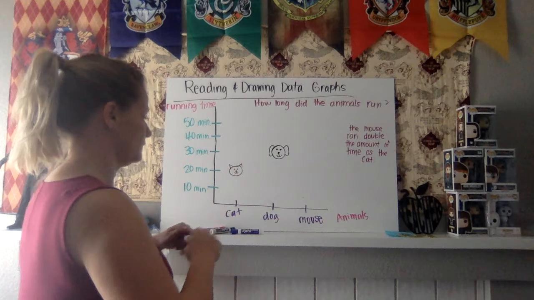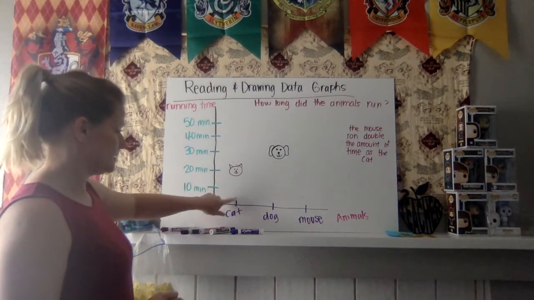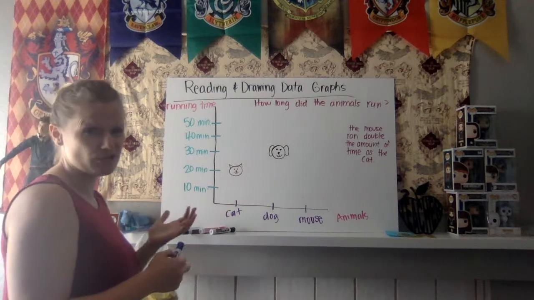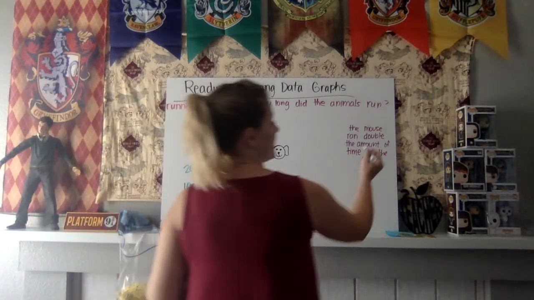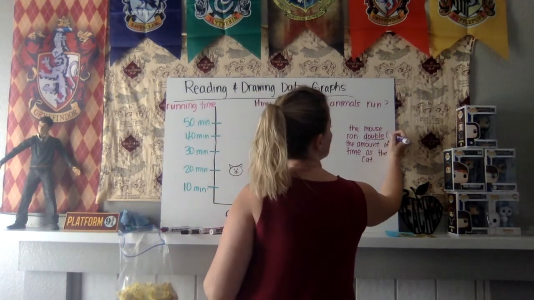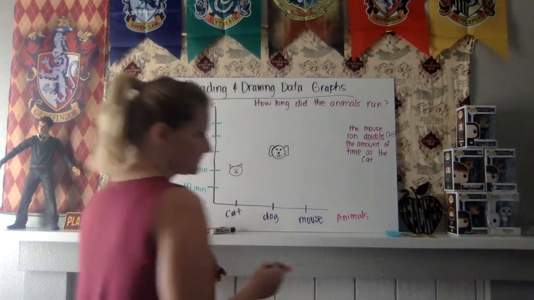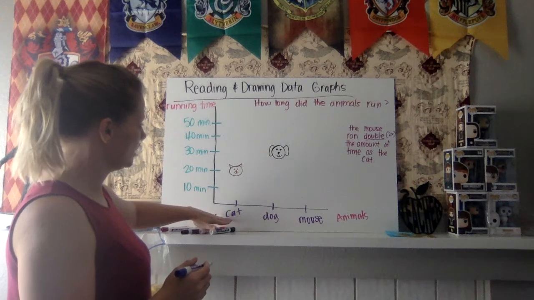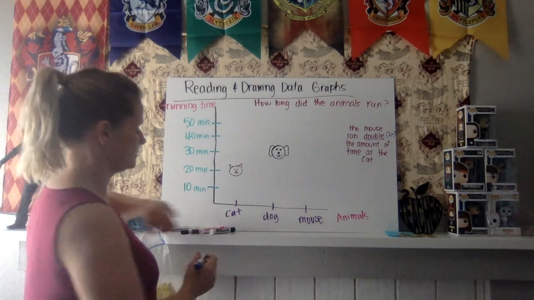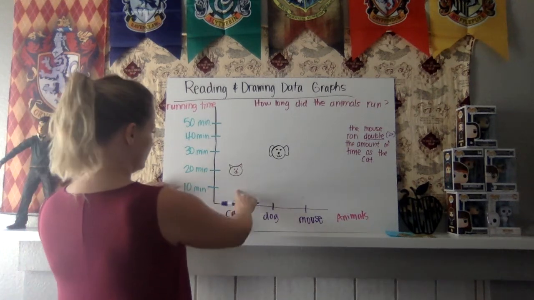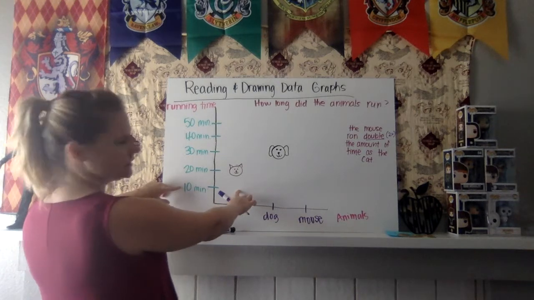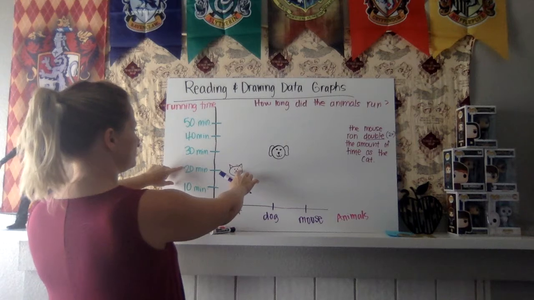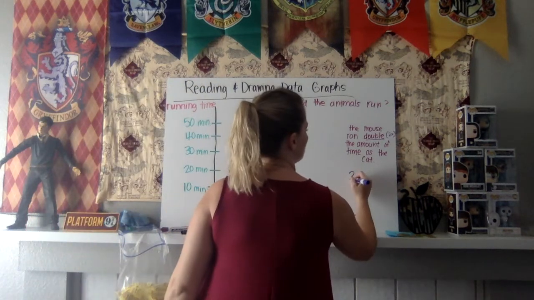So, first of all, how many minutes did the cat run? That's what we need to know because the mouse ran double that. So double means 2 times. So we're going to read the graph and figure out how long the cat ran. So we're going to go up. No, there's nothing at the 10-minute mark. Oh, let's go up here. Oh, there is something at the 20-minute mark. So the cat ran for 20 minutes.